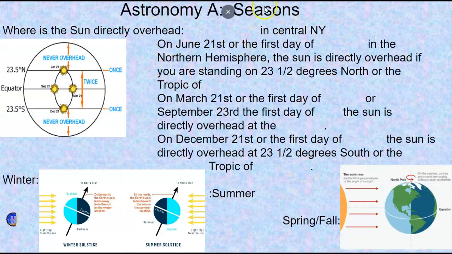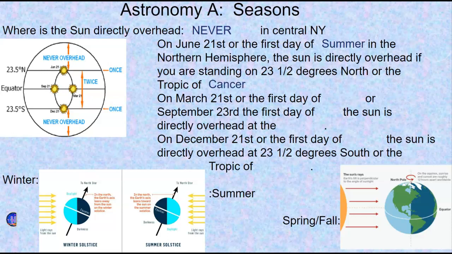All right. So again, I'm going to repeat this. The sun is never overhead in central New York, in Syracuse. We will never get direct sunlight on us. On June 21st, the first day of summer in the northern hemisphere, the sun is directly overhead if you're standing on 23.5 degrees north, or according to page 4 of your reference table, that is the Tropic of Cancer.